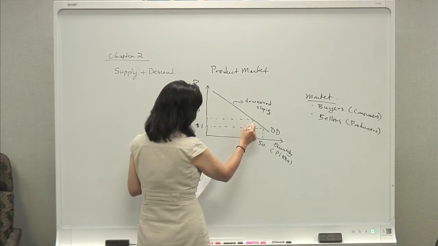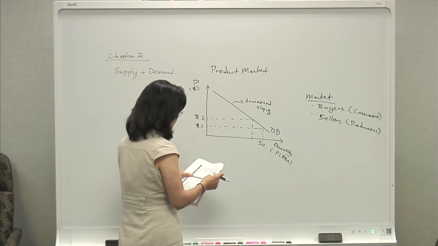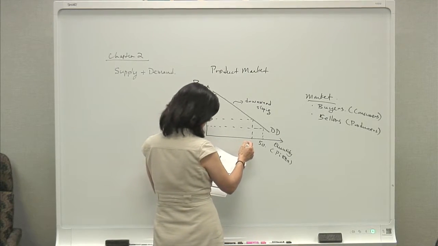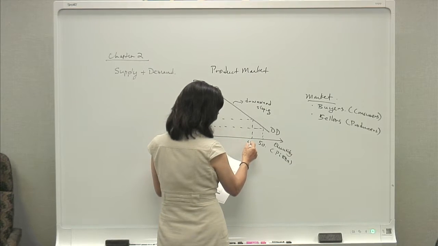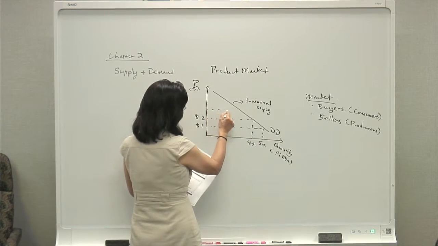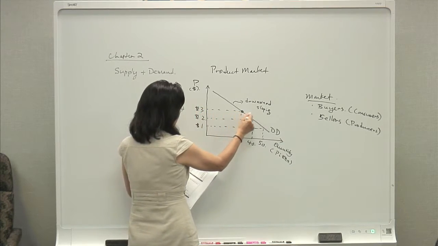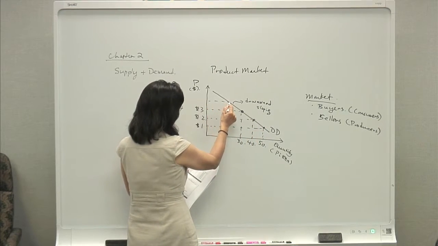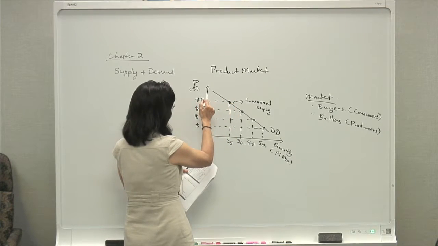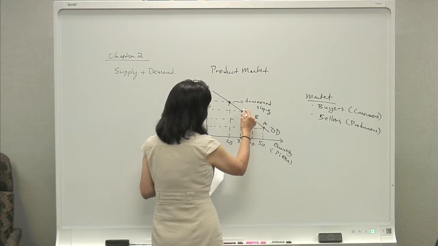If the price is higher, say $2, this might be 40. And if it is even higher, say $3, let's say this is 30. And if it is $4, let's say this is 20, and so on. So then you have points A, B, C, and D.